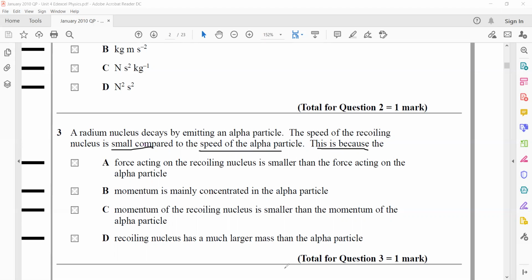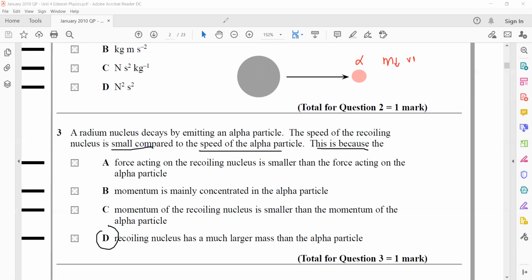D. Yeah, D is the correct answer, because what happens when it emits, if this was the original nucleus, when it emits an alpha particle, which is 2 protons and 2 neutrons, the mass of the alpha particle is small. So if mass is small, its velocity will be much higher.